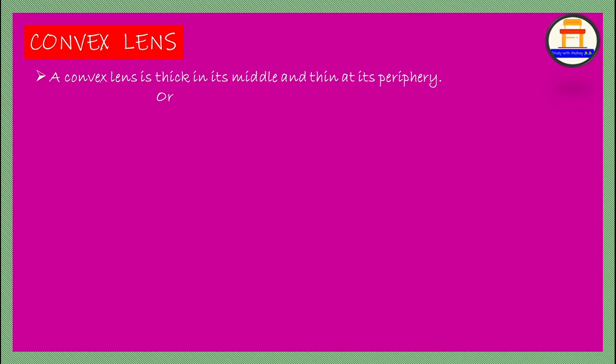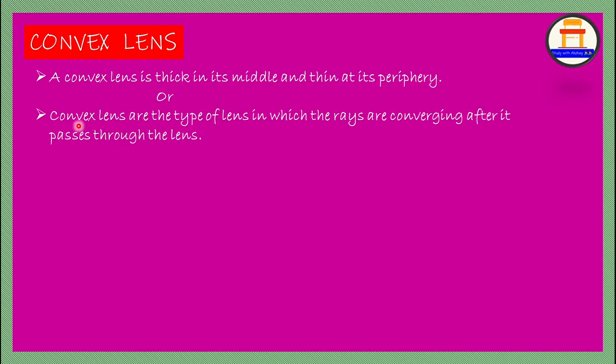Another definition: a convex lens is a type of lens in which the rays converge after passing through the lens. How does it converge? Let's see as the video proceeds. Stay with me.